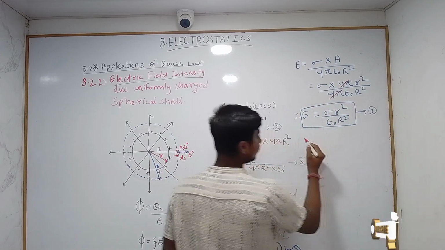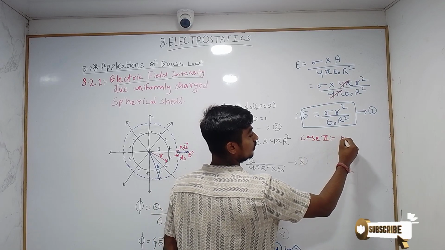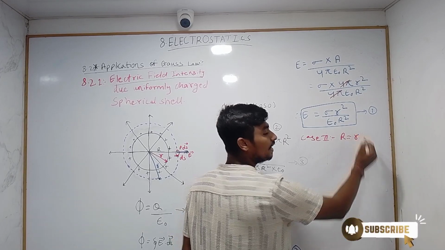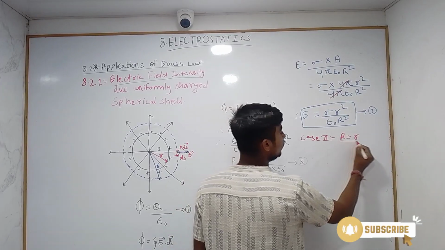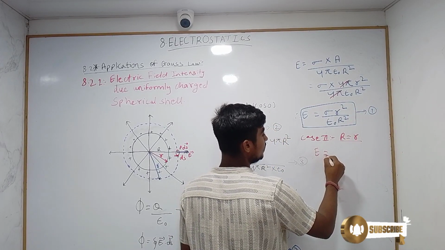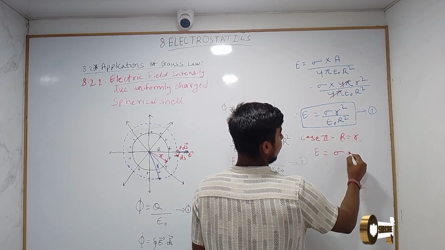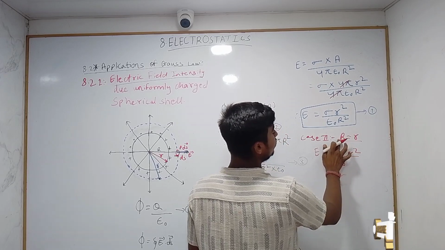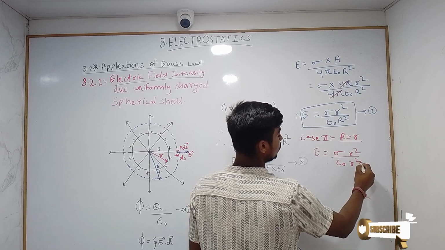So we will be writing case 2: the radius of the sphere is equal to the radius of the imaginary Gaussian surface. So substituting this in the above equation, we will get E is equal to sigma r square upon epsilon naught. What is the value of this r? It's the same as this r, so we will be putting r square.